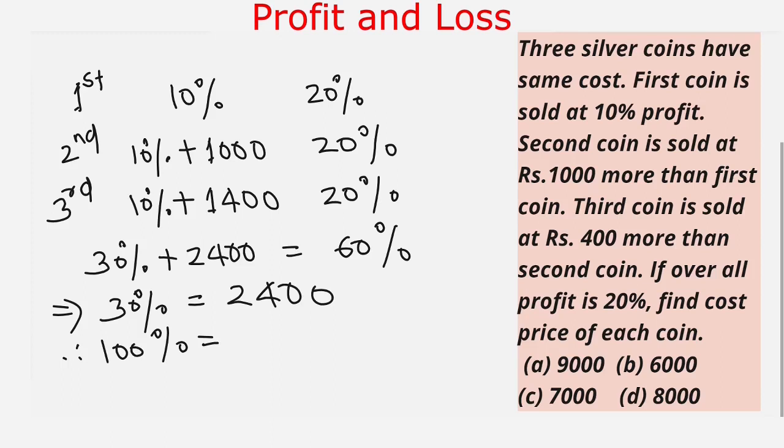If 30% is 2,400, it means 10% is 800. And 100% is 10 times of 800, which is 8,000. So each coin is costing 8,000. And from the given options, our answer is option D, 8,000. I hope you have understood the shortcut method by which I have solved this question.